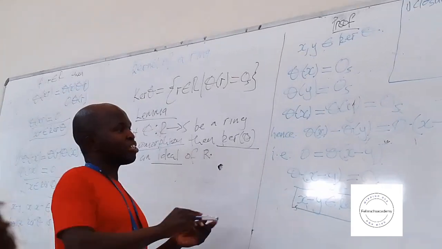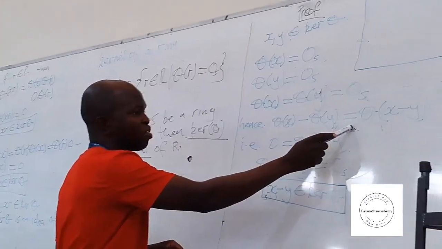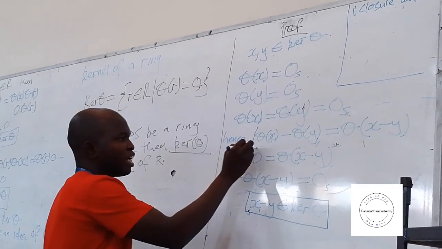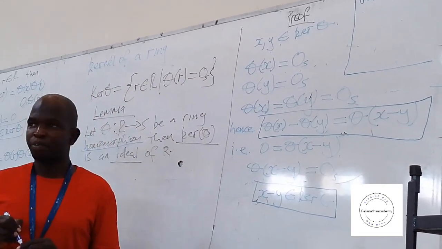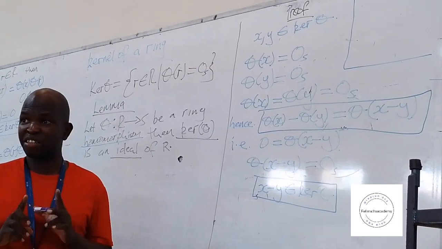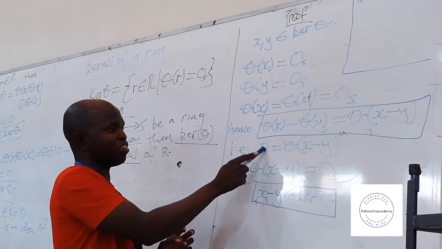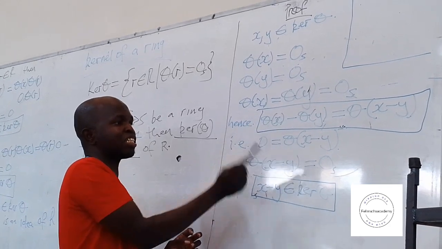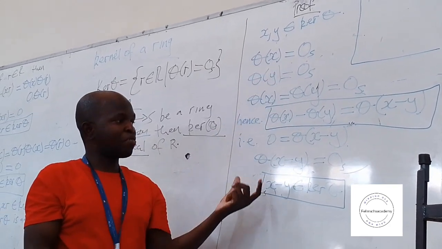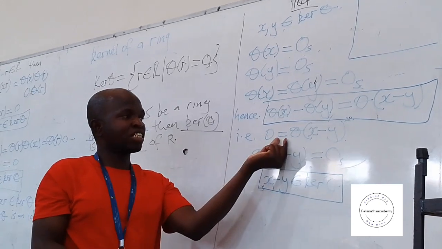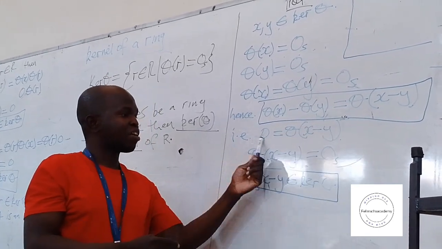So theta x minus theta y, under the homomorphism, is equal to the left hand side, which is 0. Theta x is 0, theta y is 0, so the image of x minus y under theta is equal to 0 on the right hand side.